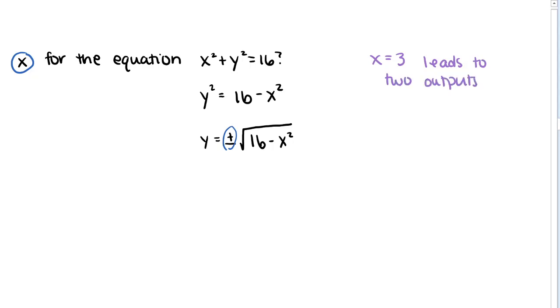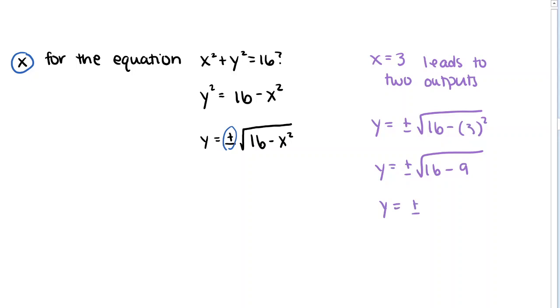Let's check that. Here y is equal to plus or minus the square root of 16 minus, letting x be 3, 3 squared. This is y is equal to plus or minus the square root of 16 minus 9. In other words, y is equal to plus or minus the square root of 7.